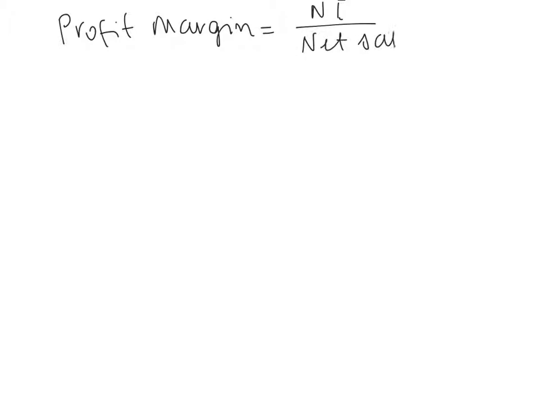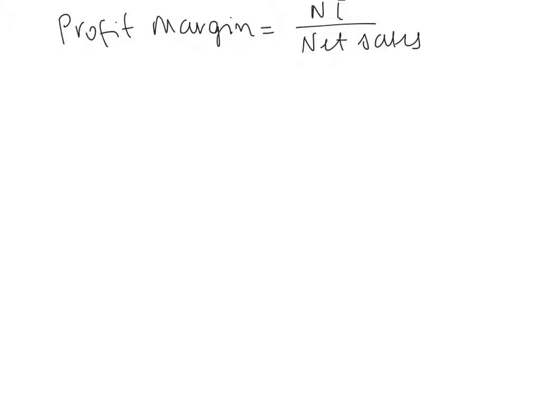Well, the profit margin is another ratio that measures companies' operating results, and it is determined as net income over net sales. Okay, so it's not return on assets, it's the profit margin ratio. Again, determined as net income over net sales. This ratio basically reflects the percent of profit that we have in each dollar of sales.